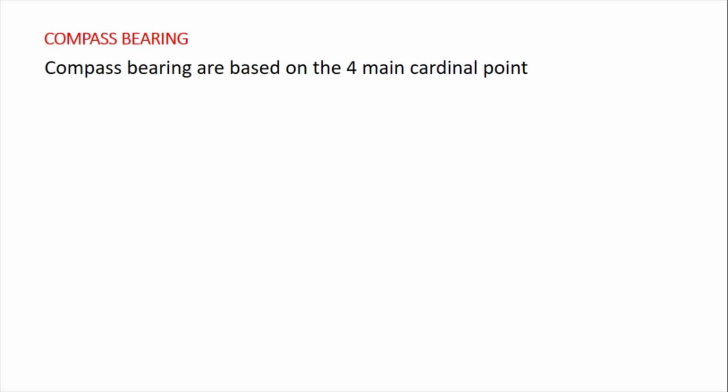Compass bearings are based on the four main cardinal points. The four main cardinal points are north, south, east, and west. So in writing compass bearings, we use these four main cardinal points. We use the letter N to represent north, the letter S to represent south, the letter E to represent east, and the letter W to represent west. These are the points used in compass bearings.